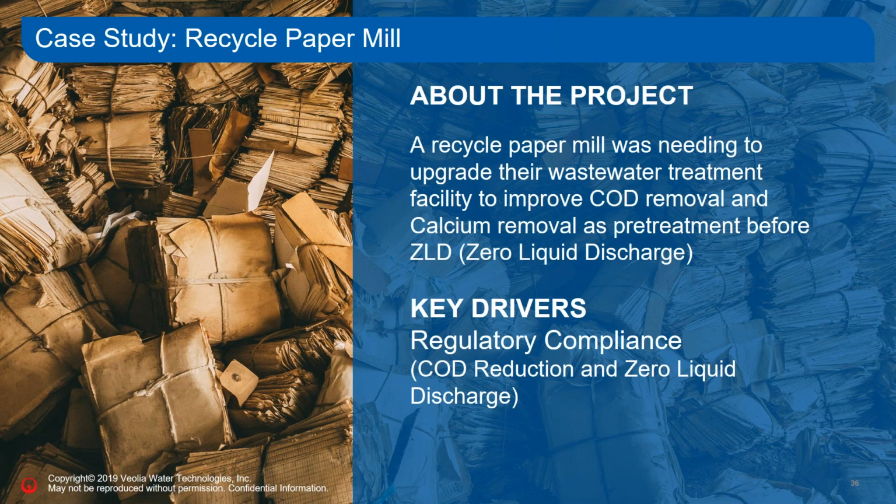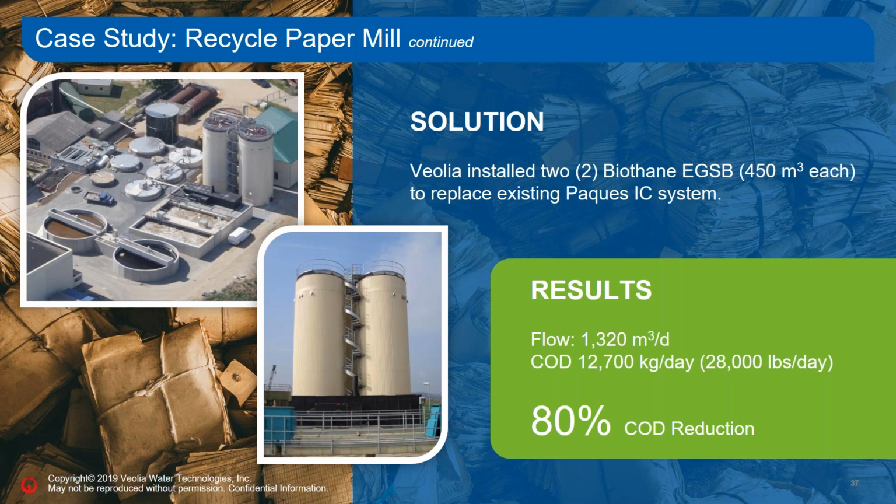So calcium carbonate tends to precipitate and produce a heavy sludge. There was an existing anaerobic system on the site, and that failed.